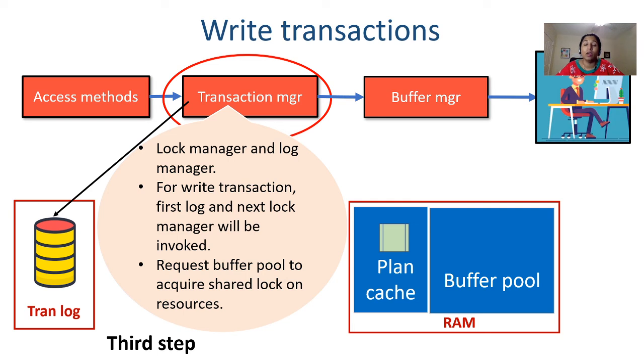Once it writes them, then the transaction manager will go ahead and invoke the lock manager part of it, and it will request the buffer manager to put an exclusive lock on the resources that the buffer manager needs to process that particular query. Now, why exclusive lock? Because this is a write transaction and we do not want any other transaction to be interfering with our transaction.